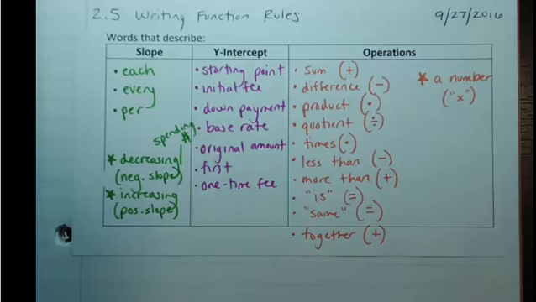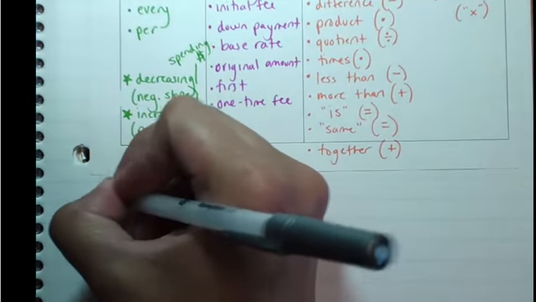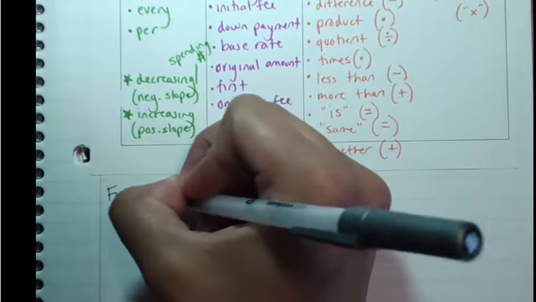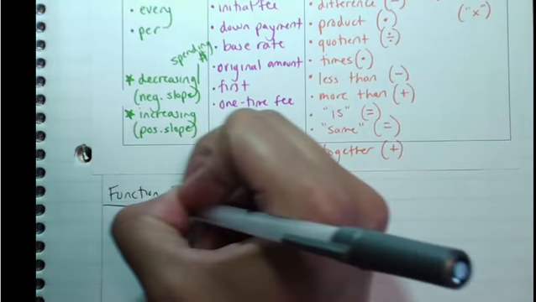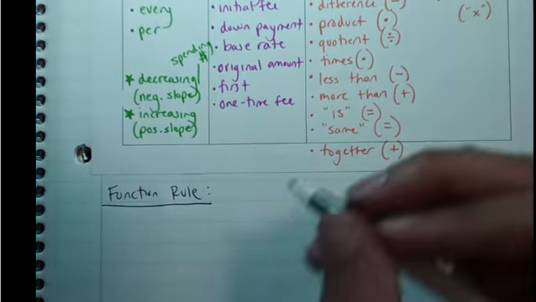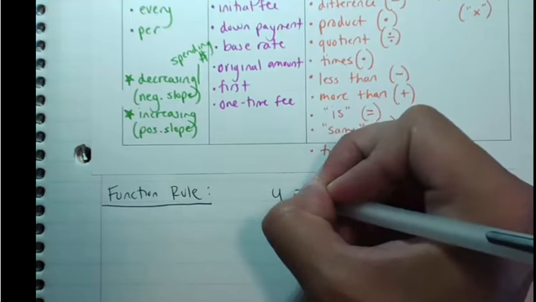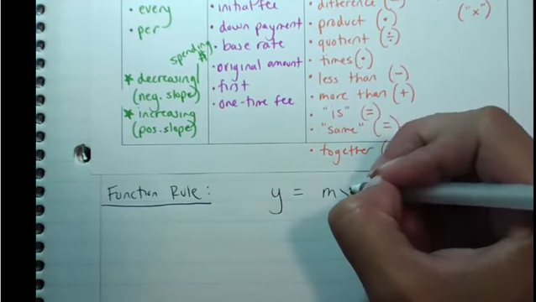Okay, so before we actually look at some examples, let's discuss what a function rule is again. Remember, a function rule in this case is going to be an equation that represents all the points that are on the function. So we are going to be writing them into y equals mx plus b.